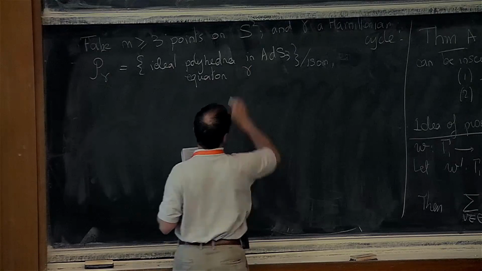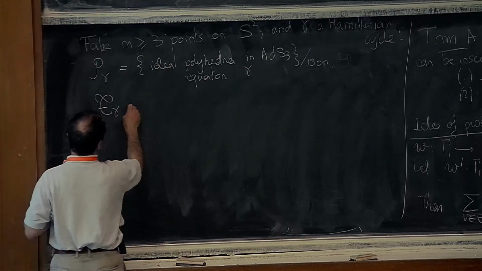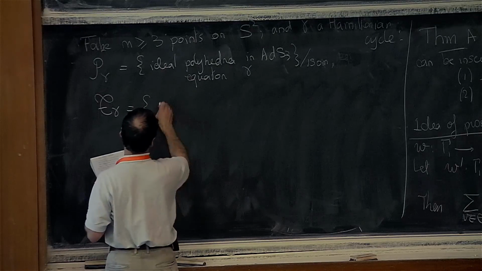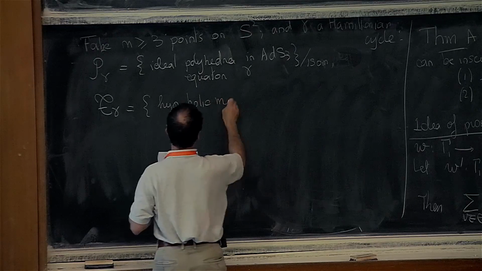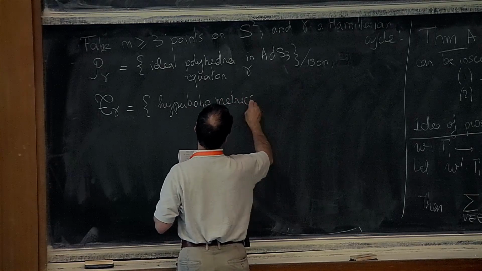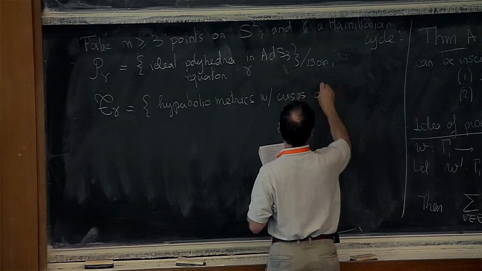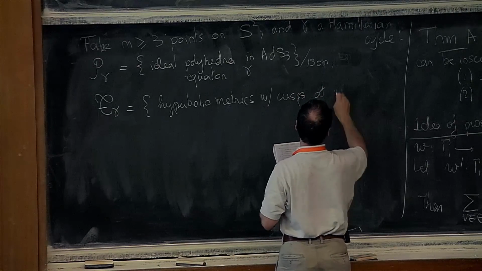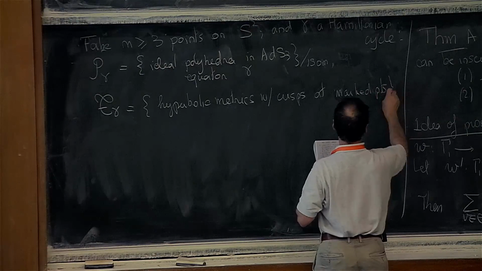Equator gamma. Then we have the space tau gamma, which is the space of complete hyperbolic metrics on the sphere with cusps at the marked points, up to isotopy.